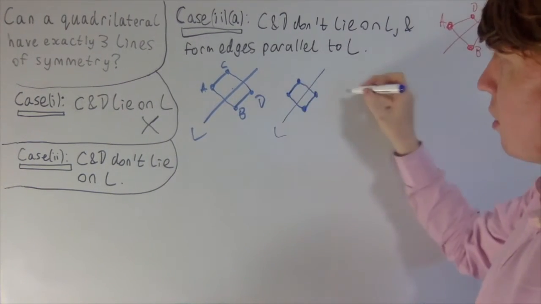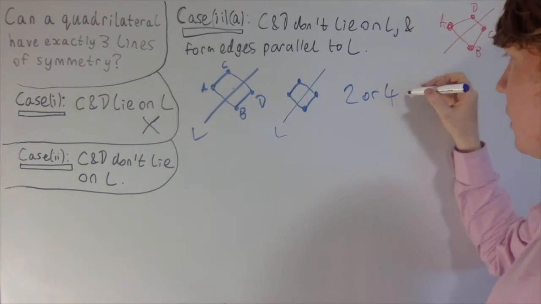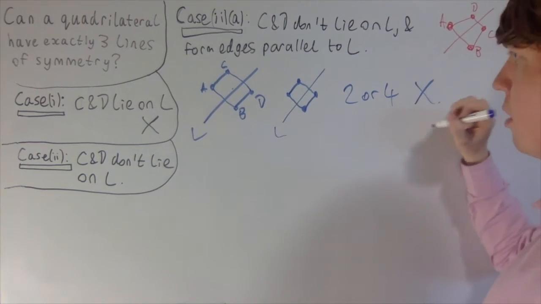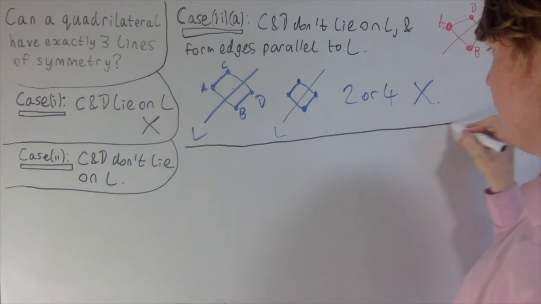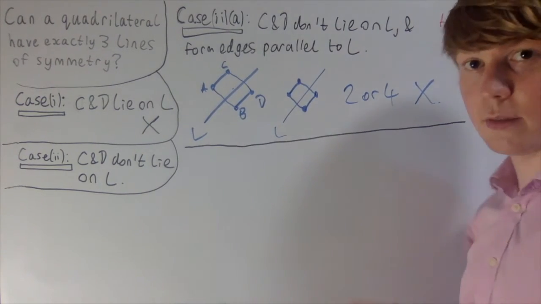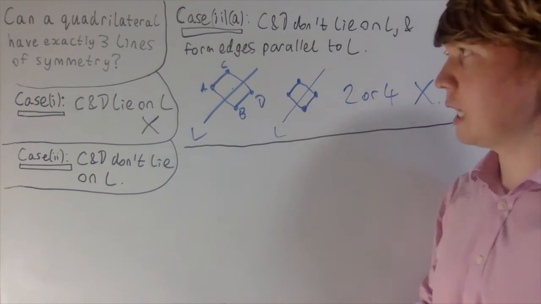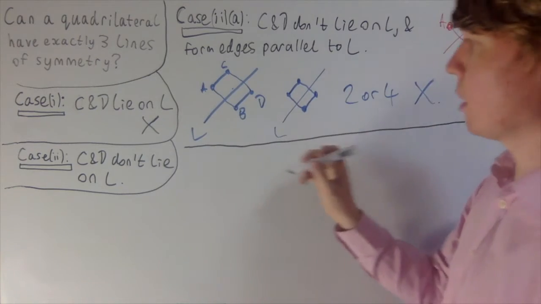So this can give you either 2 or 4 lines of symmetry, which is no good. So case 2A, you still can't get 3 lines of symmetry. So what about case 2B then, where they don't form edges parallel to L?